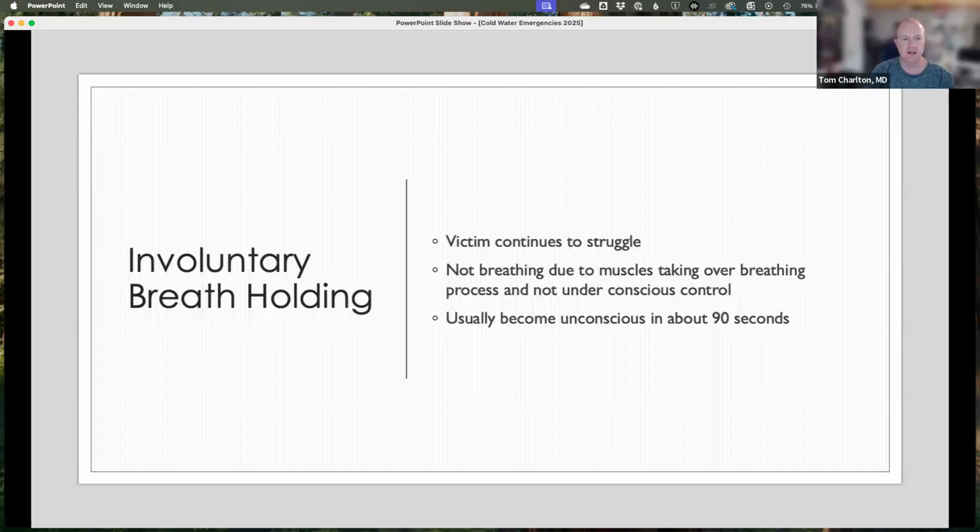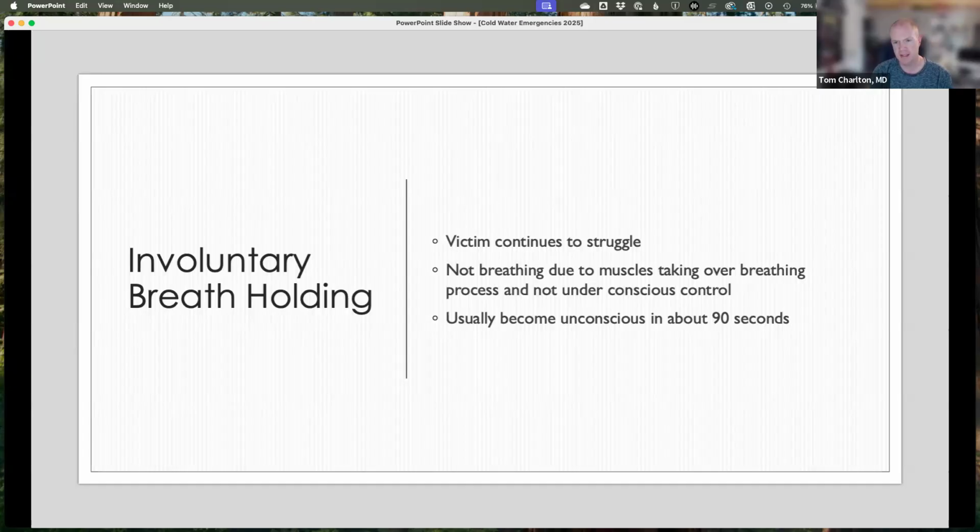So during this involuntary breath holding, the victim is still conscious initially and continues to struggle. Eventually, though, you begin to lose consciousness, and your reflexes will eventually override your conscious thought, and you'll take this reflexive inhalation at the end.